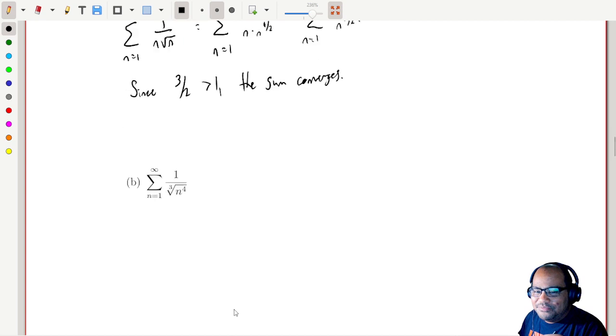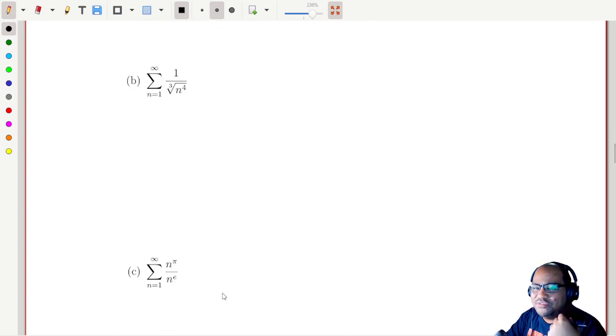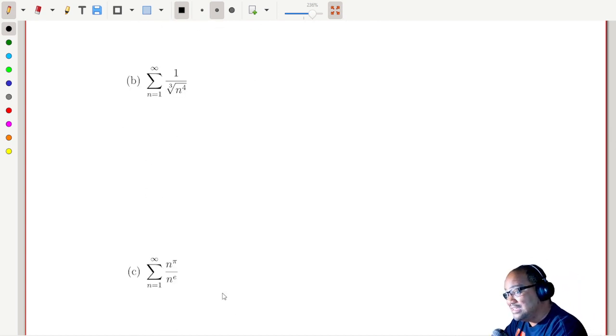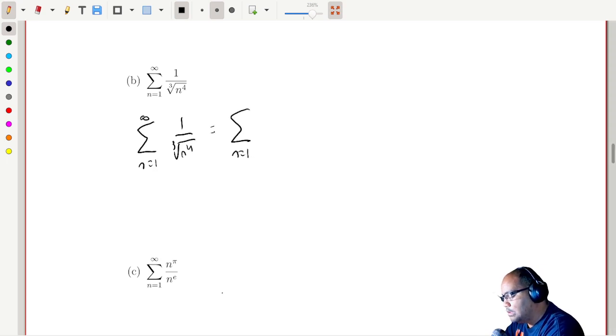Well, how about this one here, 1 over the cube root of n to the 4th? Let's use some more exponent tricks. We can write this as, well, cube root just means to the 1/3 power. And remember that the q-th root of x to the p is the same as x to the p over q.